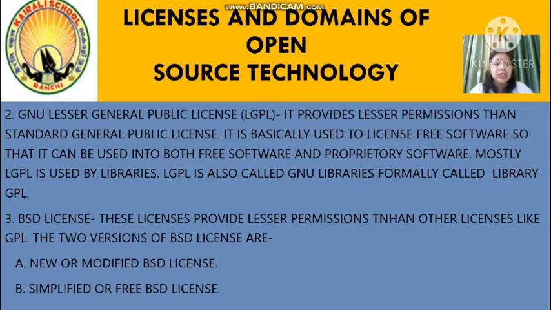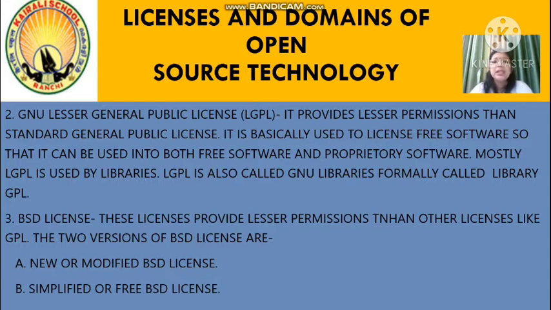So why is this lesser version given? Because this is used in proprietary software also. As we know, in proprietary software we don't give the source code to the end user, but suppose in the proprietary software you are including some free software as well, then that part included in the proprietary software will be released under this license.